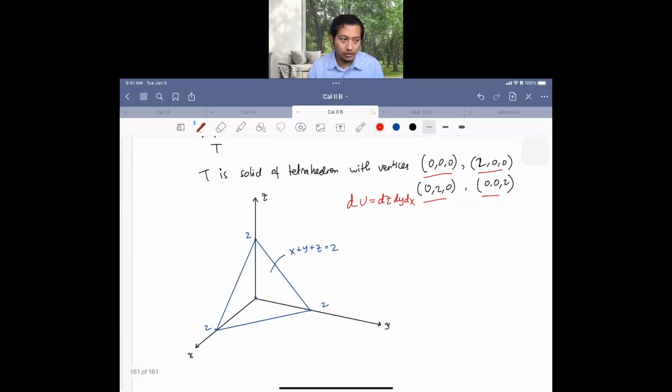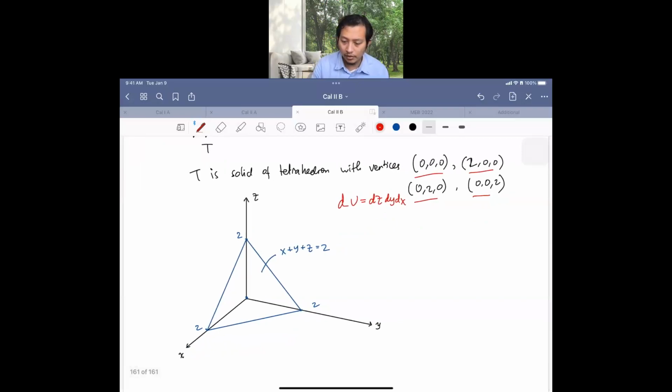So we define the interval of x: start with x from 0 to 2. And then y should be a function of x.